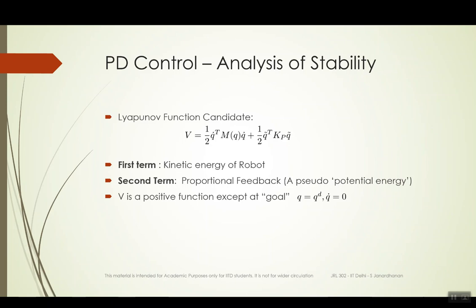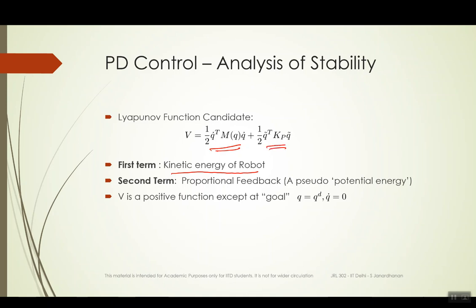This just means that M and Kp are positive definite matrices, and that is again quite simple to understand. And this term represents some kinetic energy of the robot. So you want the robot to have no redundant kinetic energy when it reaches the desired position.